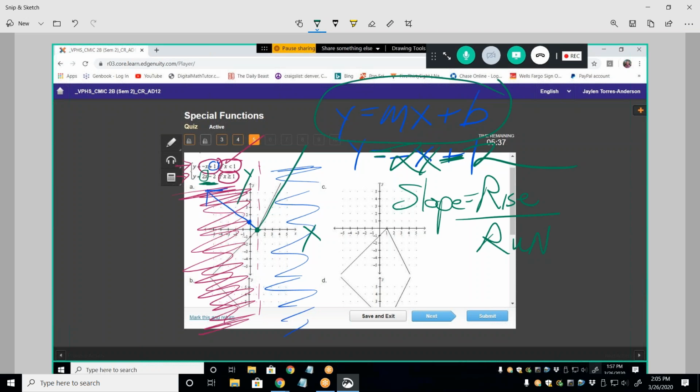When x is greater than 1, this green function is in effect. When x is less than 1, the blue function is in effect. When x is exactly equal to 1, well, it turns out that that's the same point on either function, so it doesn't matter. So this is going to be our answer. Okay?